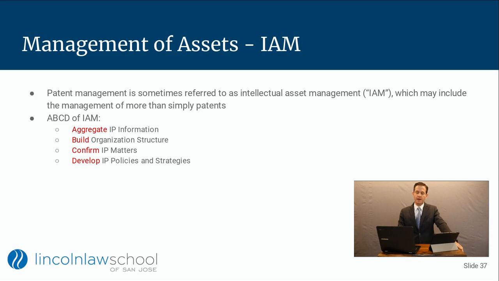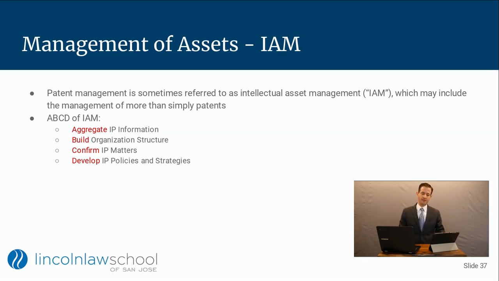So my acronym for this is the ABCD. And the ABCDs really just kind of break down IAM into 4 discrete steps that a company generally will go through. Step 1 is to aggregate IP information, where you're pulling it all together. 2 is once it's aggregated, then you're building out some type of an organization or classifying things internally. 3rd would be to confirm IP matters.